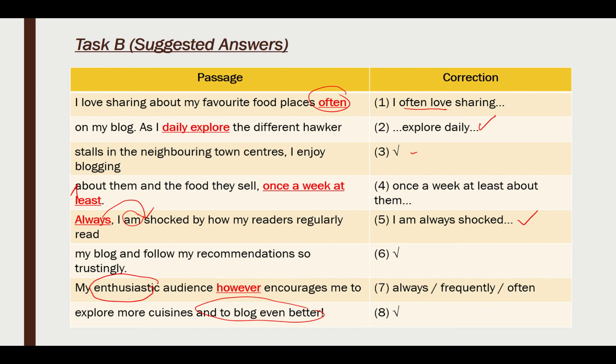Words that can be used to replace however and are acceptable include always, frequently, or often. As for the last question, number 8, there are no errors. So how well did you do? Did you manage to get all of them correctly?